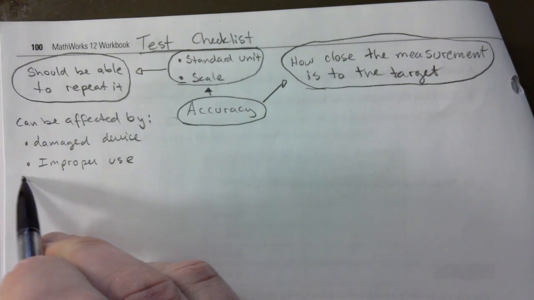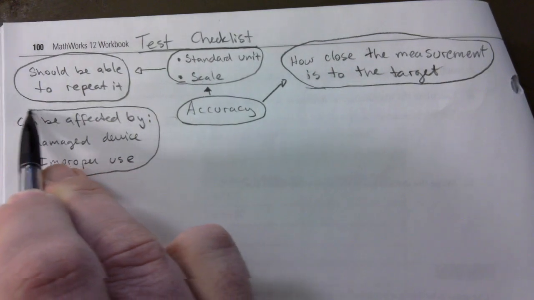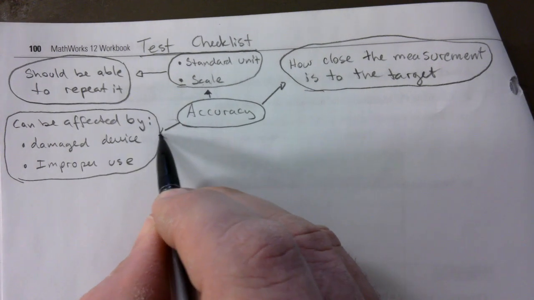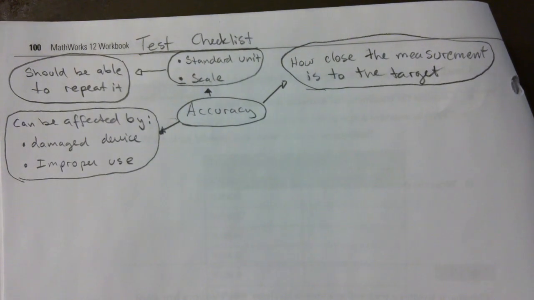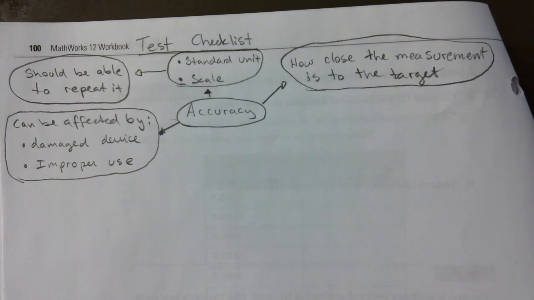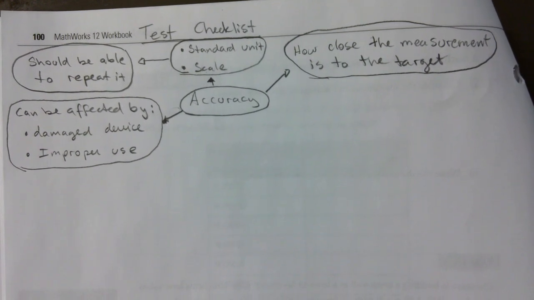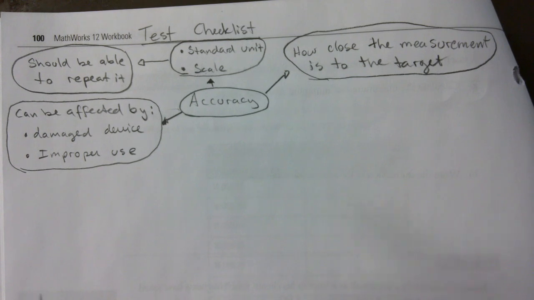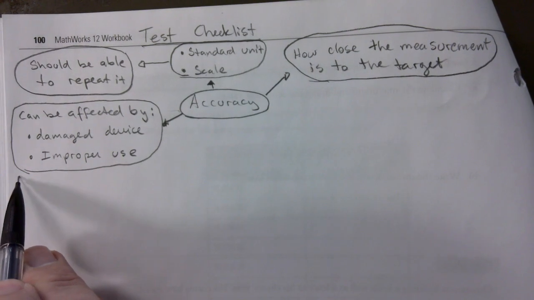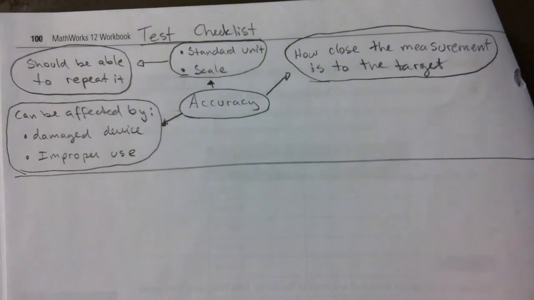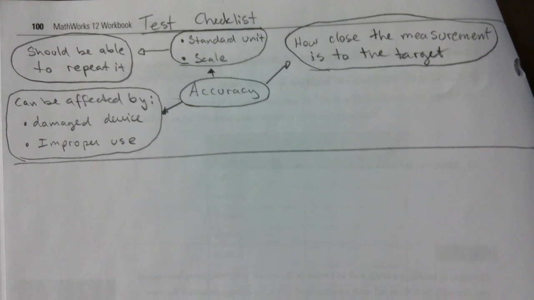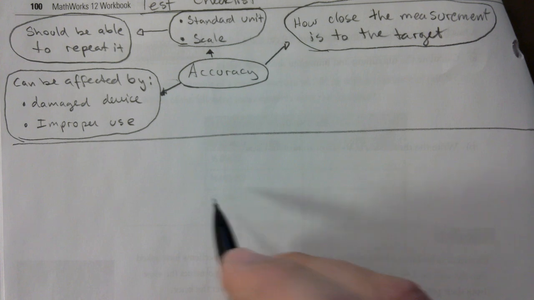So you're not using the equipment the way it's supposed to be, right? Then it will affect your accuracy. Okay, so that's that. And then I'm kind of going to block this off. That's accuracy. That's the section we give accuracy, and then we're going to go with precision.